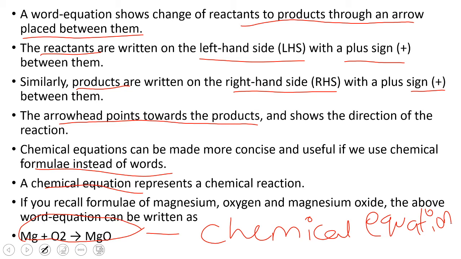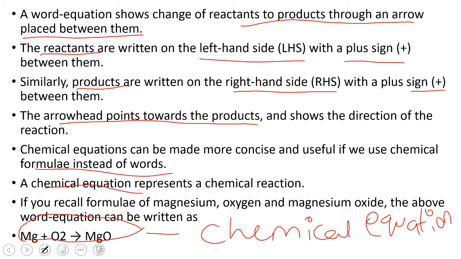Okay. So we have seen the chemical reaction written in the form of a sentence, the word equation, and this chemical equation. Why are we writing the chemical reaction in the form of an equation? The answer is just to save time. If the chemical reaction is written in the form of a sentence, it's too lengthy and time consuming.